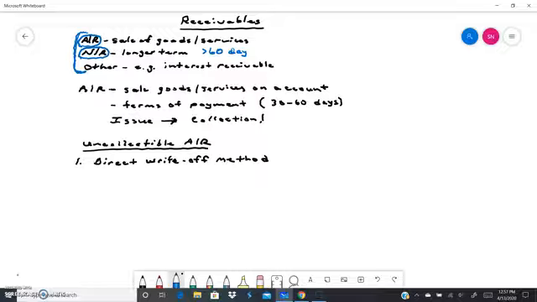A good example of a note receivable would be, say you were a bank. We're talking about a bank or a financial institution that made a loan, a 5-year loan, 10-year, maybe even a 30-year mortgage. Those would be categorized as a note receivable.